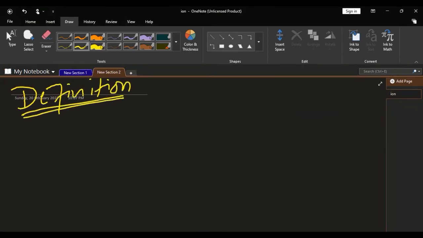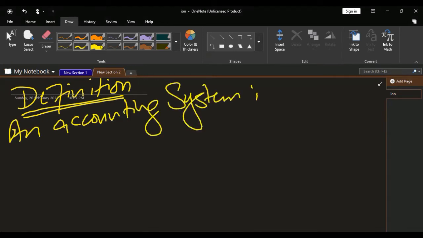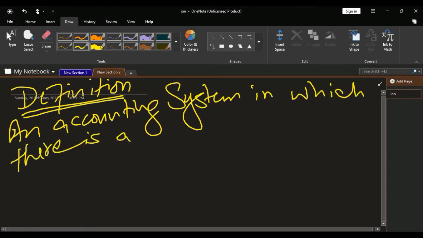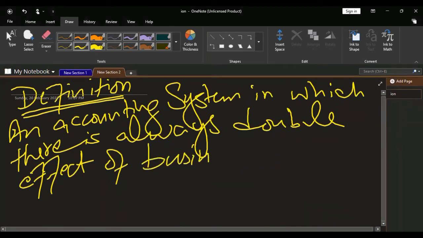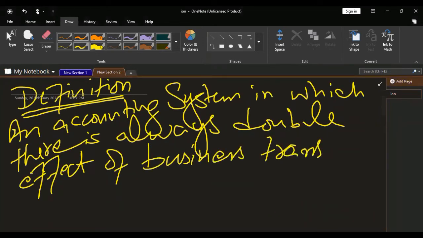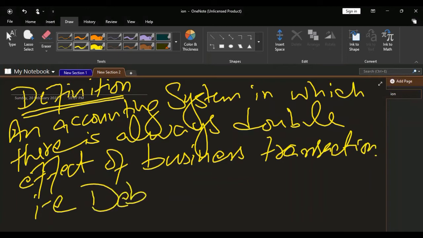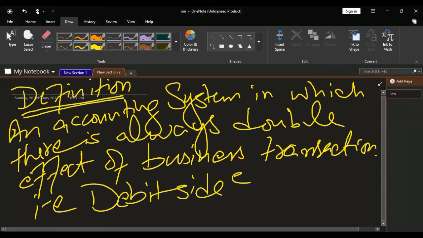So firstly, I write it: an accounting system in which there is always a double effect of business transactions, that is, one effect is given to the debit side and the other to the credit side.